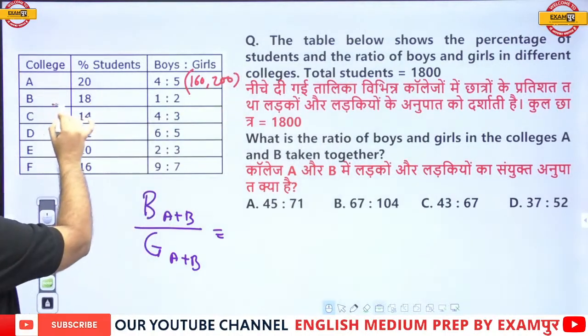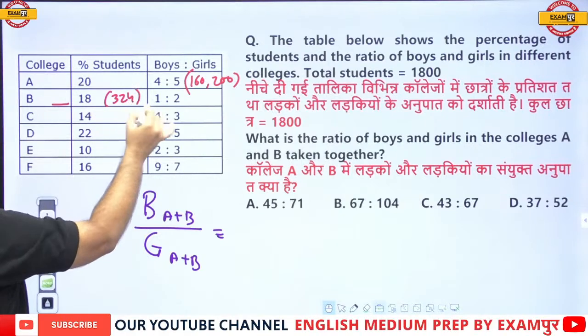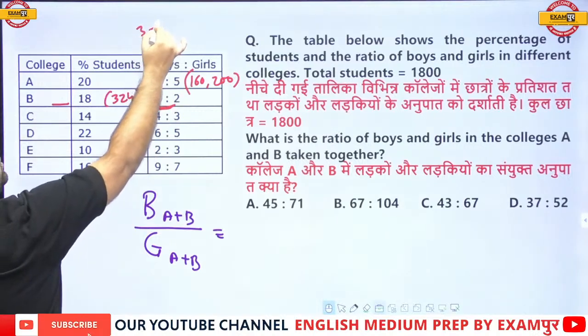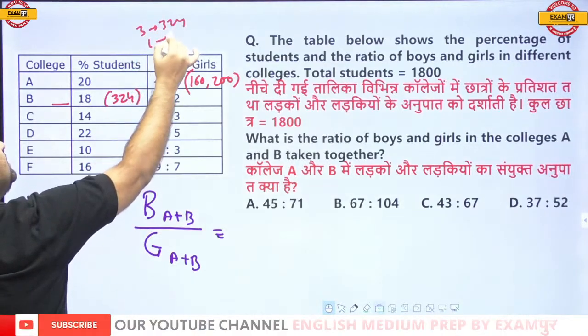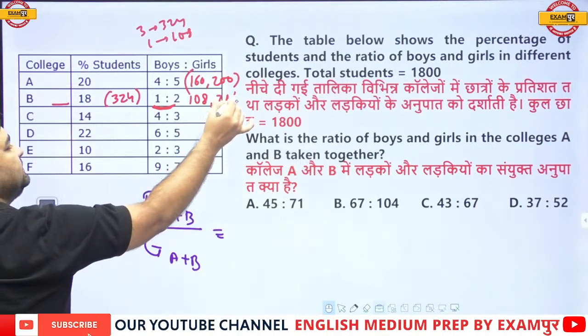And in college B, 18% of 1800 is 324. Divide 324 in the ratio 1:2. So 3 is equal to 324, 1 is equal to 108, so 108 and 216.